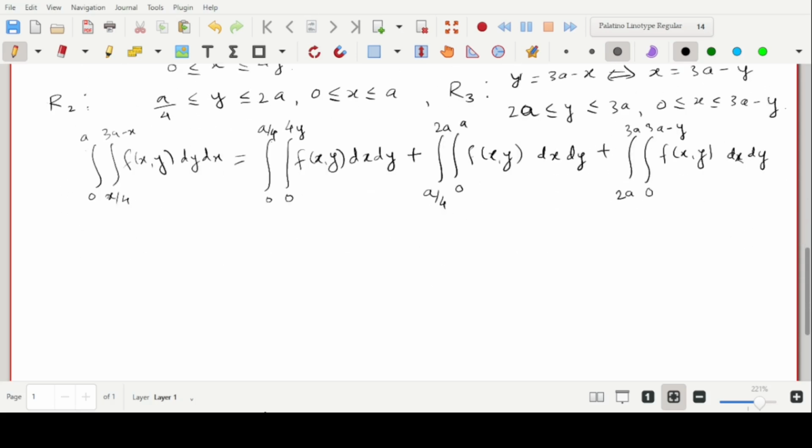Alright, so this may give rise to a question: why are we doing it, because it apparently looks difficult. I mean, it looks like it is becoming more complicated since we have to split one region into more than one region.